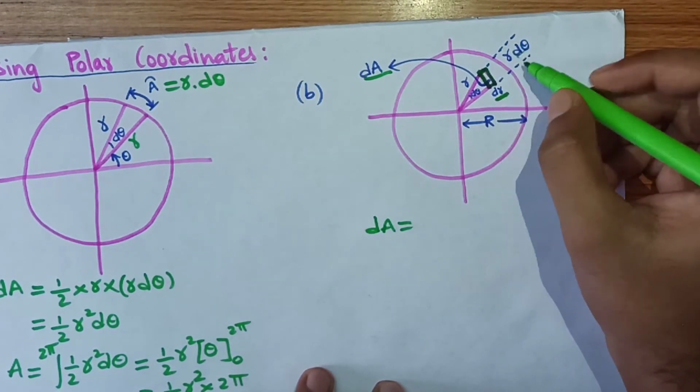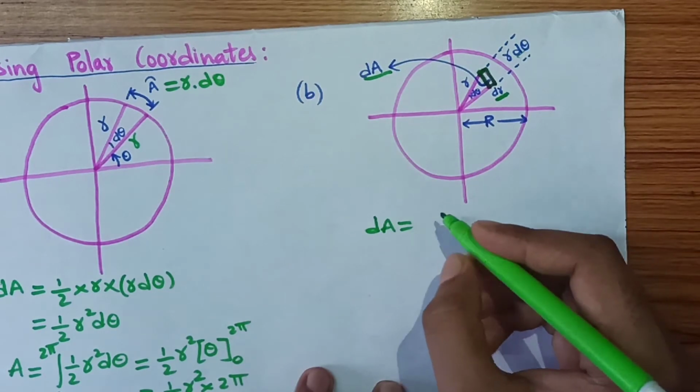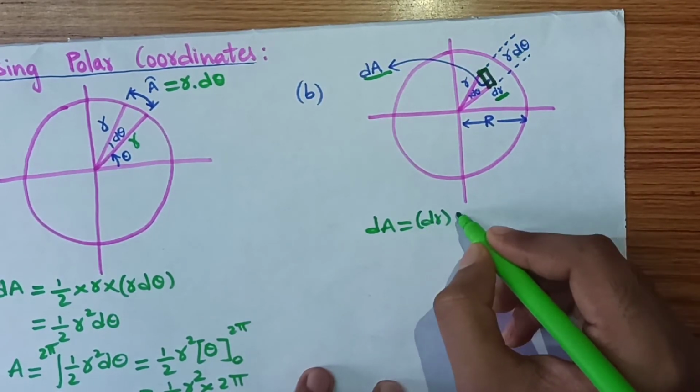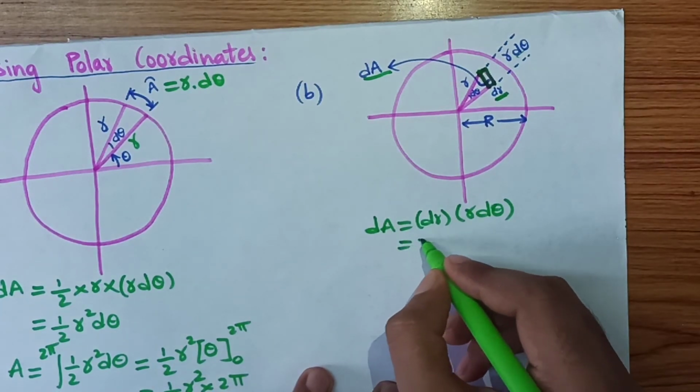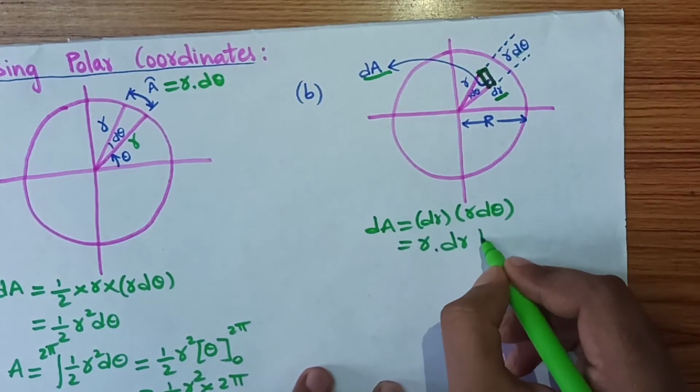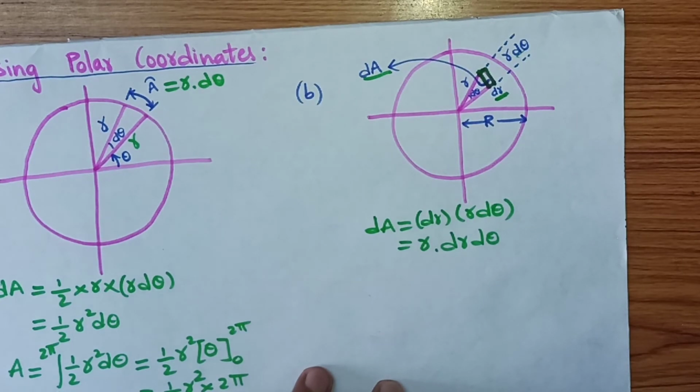Now I have dr and r d theta, so this is r into dr d theta. Now we need to double integrate this to get the area of the circle. For that you need to know the limits.